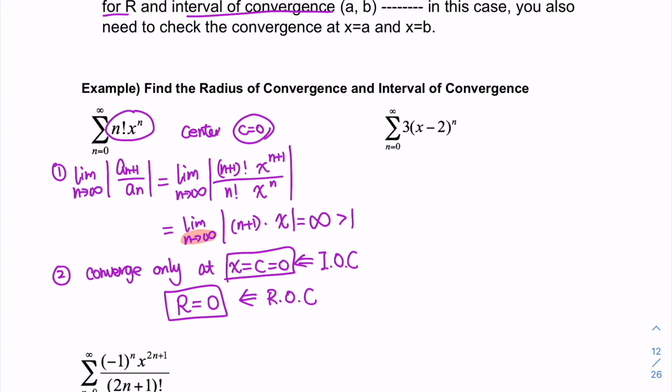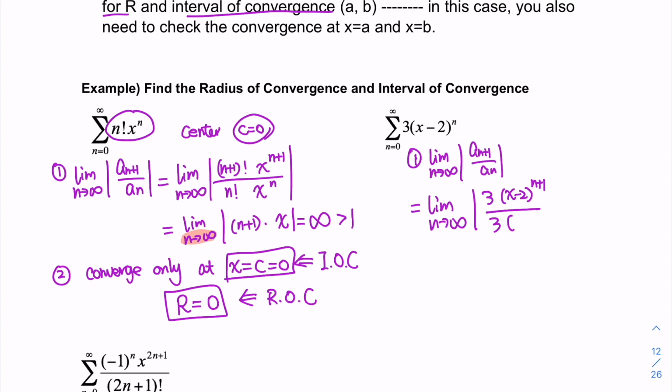Let's have a look at example 2. So first, we take the limit of a_(n+1) over a_n, which is the limit as n goes to infinity of 3 times (x minus 2) to the n plus 1 over 3 times (x minus 2) to the n. The 3 is cancelled. So the limit as n goes to infinity of |x minus 2| to the first.